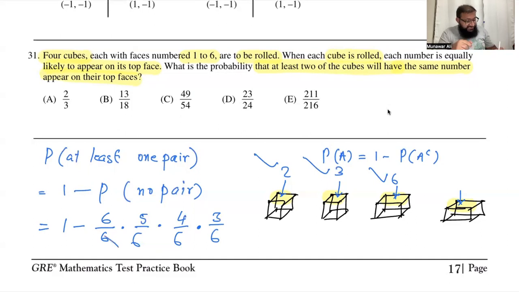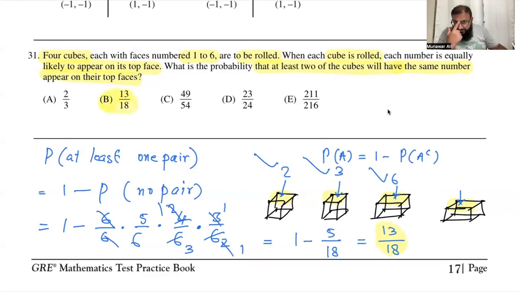So how is simplification done? I can just cancel out these numbers. I can apply the table of 2 on both, table of 2 again 3 times. Now I'm left with 1 minus 5 divided by 18, and taking LCM 18, my answer is 13 divided by 18, which is option B. That's it.